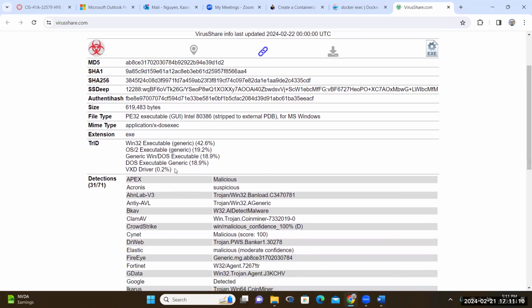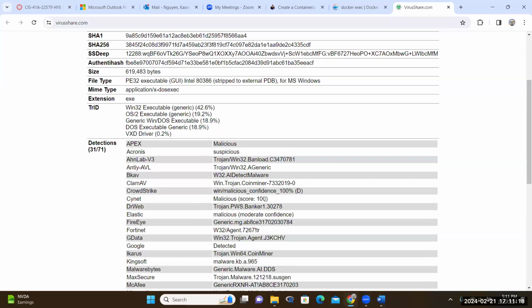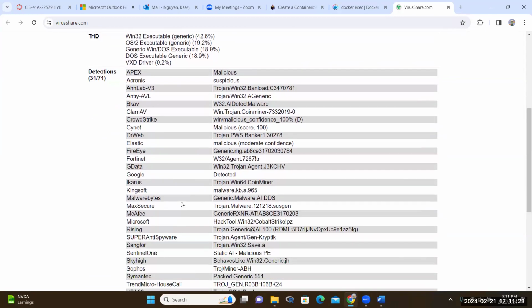And then there's some impact with the driver and the detection. That means this could be related to other things, right? Some of the detection systems pick it up, and that could be, for example, Google detected it.